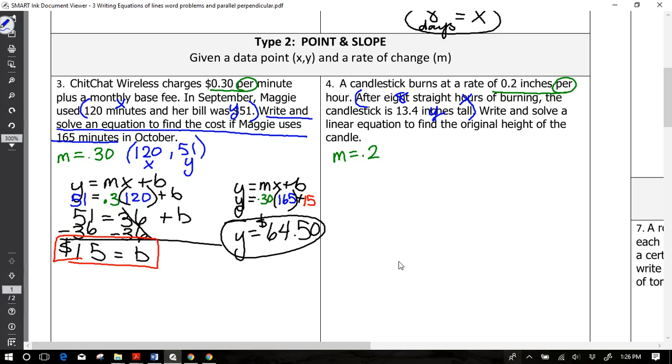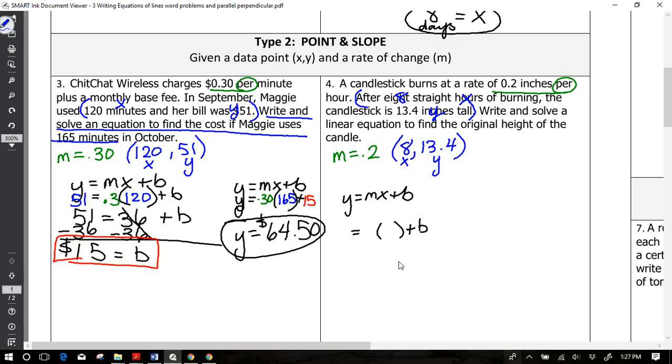So that's an X and a Y variable. So 8 hours, it's now 13.4 inches tall. This is an X and this is a Y. So let's go ahead and plug this in to y equals mx plus b and find out what our y-intercept is.